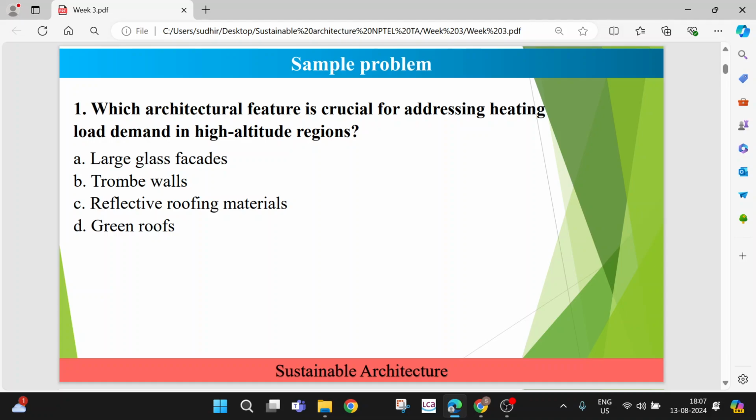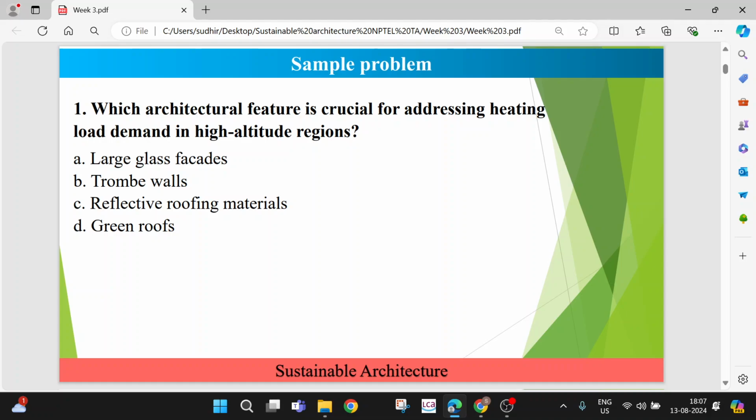For the high altitude regions, these Trombe walls are particularly effective because the heating load demand is significant there, as extreme cold climate conditions prevail due to the low temperatures. When you construct these walls, they are designed in such a way that they capture and store the solar energy in order to enhance the building performance. And it is a kind of passive solar heating feature.